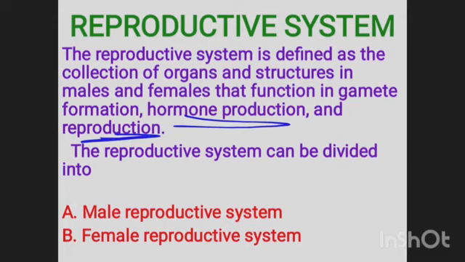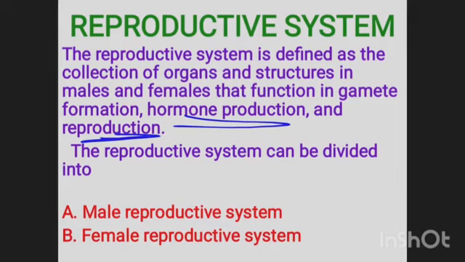These are chemicals that help in reproduction and in secondary sexual characteristics, and reproduction itself. So those organs that come together to enable the organism to reproduce are called the reproductive system.